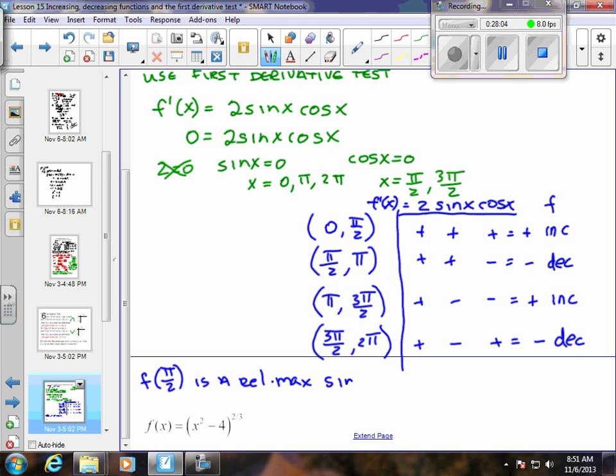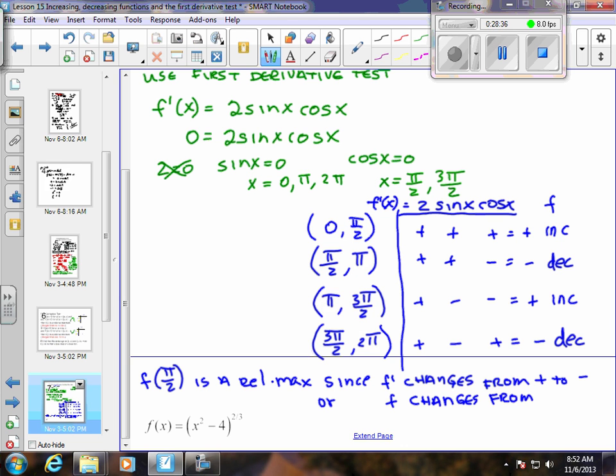And I say that since, you can say it either of two ways. You can say since f prime changes from positive to negative, or you can say since f changes from increasing to decreasing.